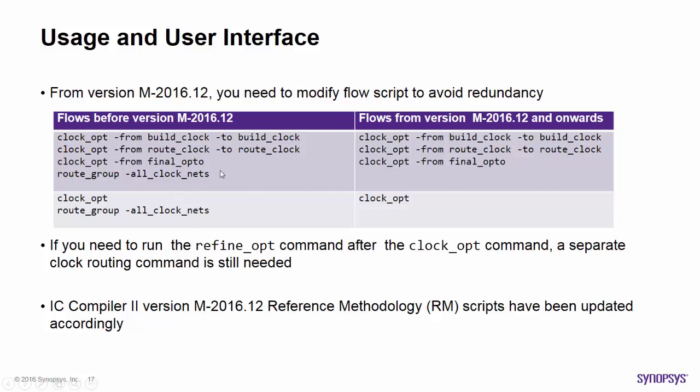From this release, with this new feature, there is no need for the route_group -all_clock_nets command. Please note that if you need to run the refine_opt command after the clock_opt command, a separate clock routing command is still needed. IC Compiler 2 release M 2016.12 RM scripts have been updated accordingly.